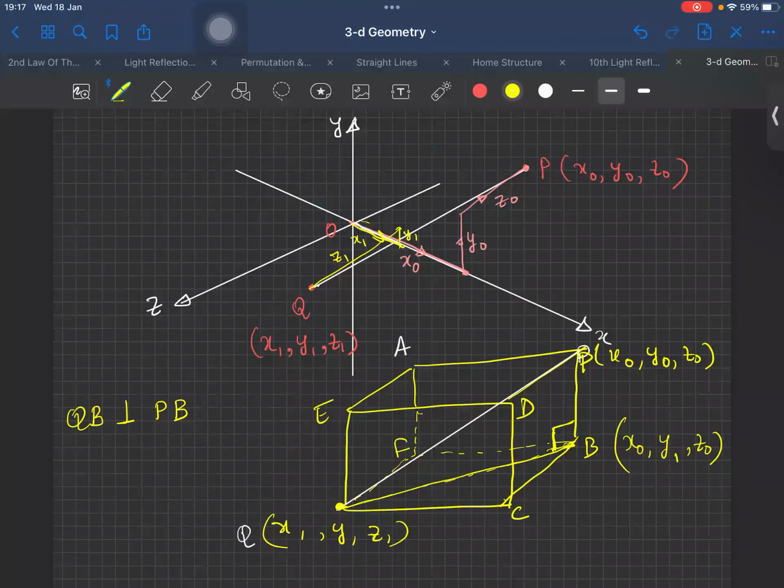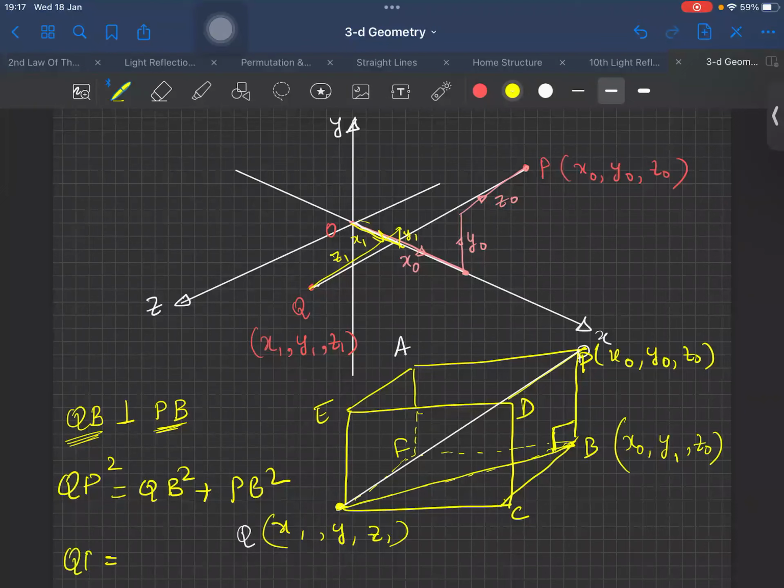So we know QB is perpendicular to BP. You can write, using the Pythagoras theorem, QP square is equal to QB square plus PB square, right? Now, how do we find QB square? We can again use the Pythagoras theorem.